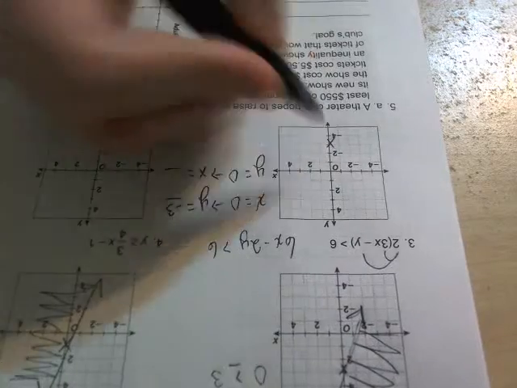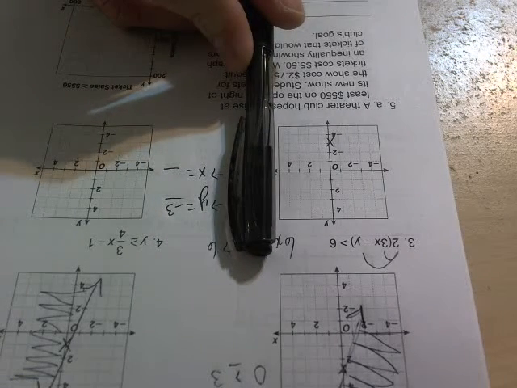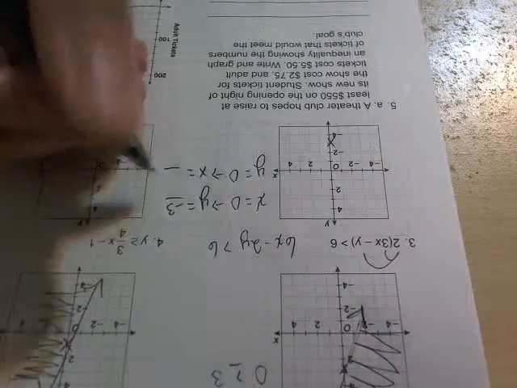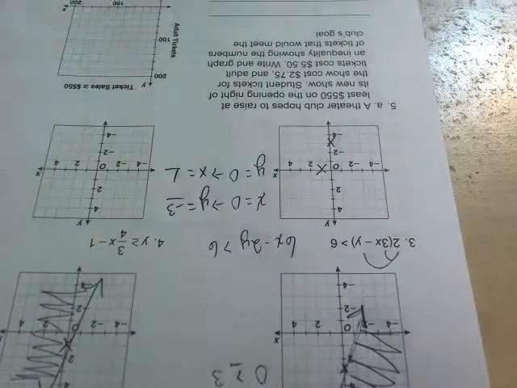So my y-intercept is negative 3, meaning this graph goes through the y-axis at negative 3. Other way through, if I let y equal 0, that means this middle part's going to disappear, and it's going to say 6x is greater than 6. Well, 6 times 1 is how I would get 6. So x is going to equal 1. So my x-intercept is at 1.